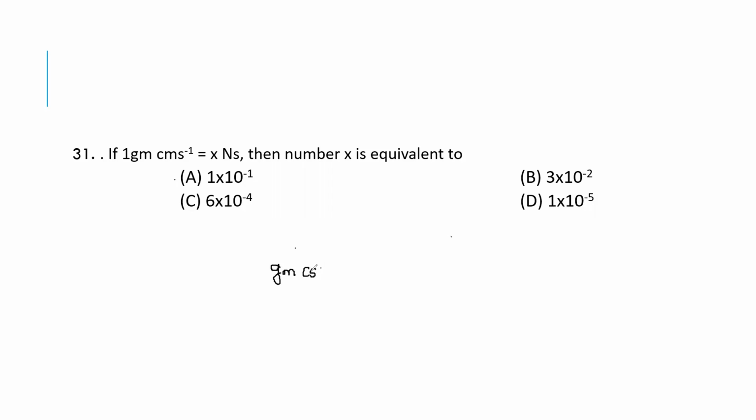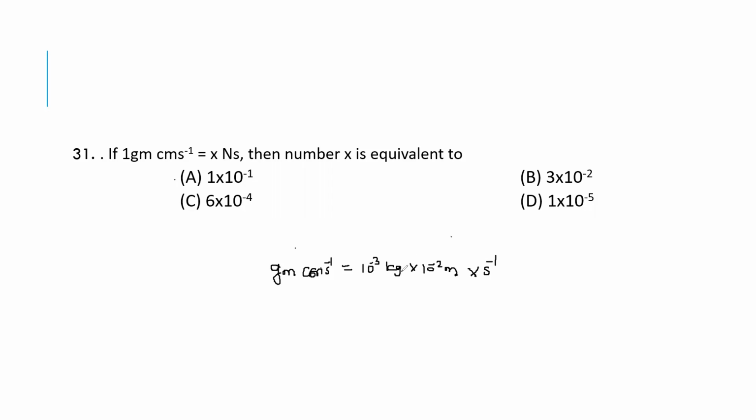Gram centimeter per second is equal to 10 raised to minus 3 kg into 10 raised to minus 2 meter per second. That is gram centimeter per second converted to the SI system.